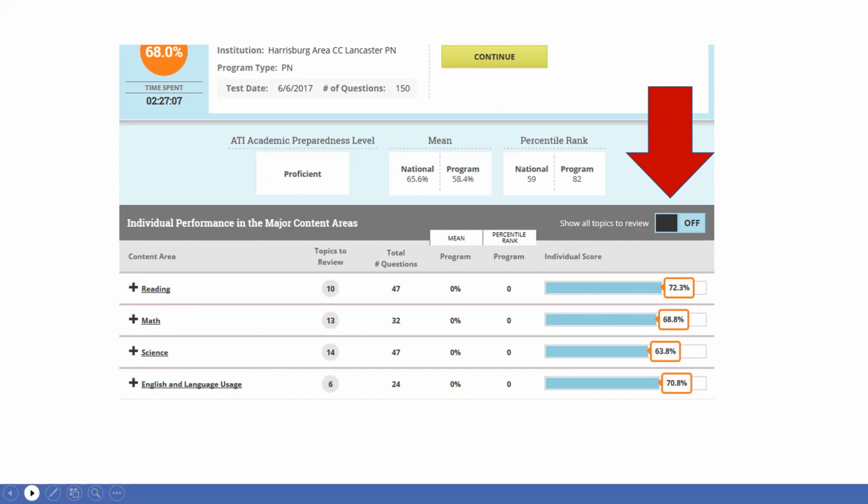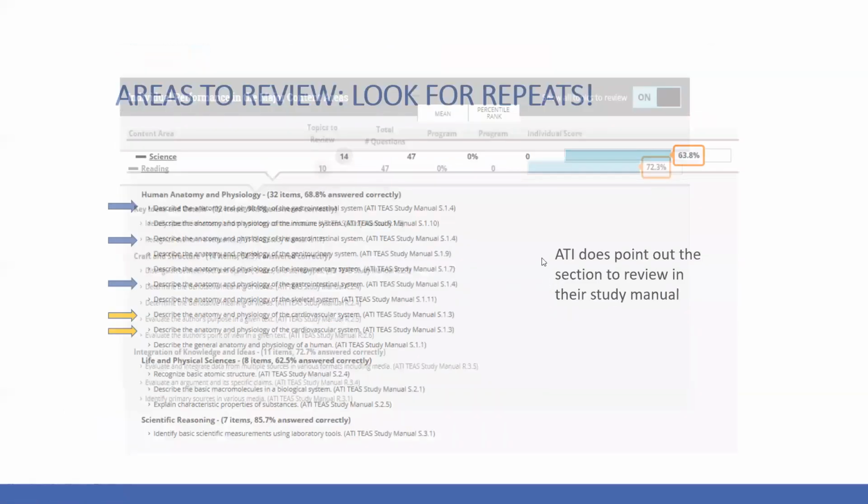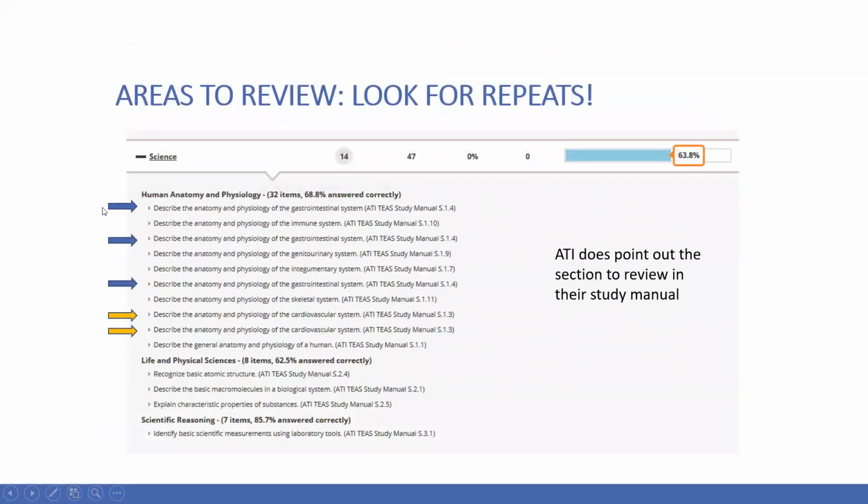Then if they clicked on reading, it would show this detailed report. And if they clicked on science, another detailed report. This one we kind of highlighted, the blue arrows indicate gastrointestinal system. This student got 3 questions wrong related to that, and that is a good indication that that would be a great area of remediation for this particular student.